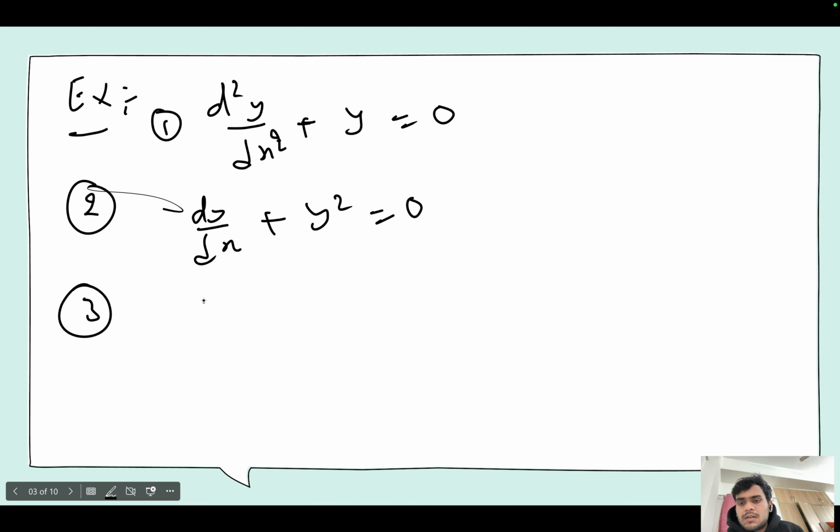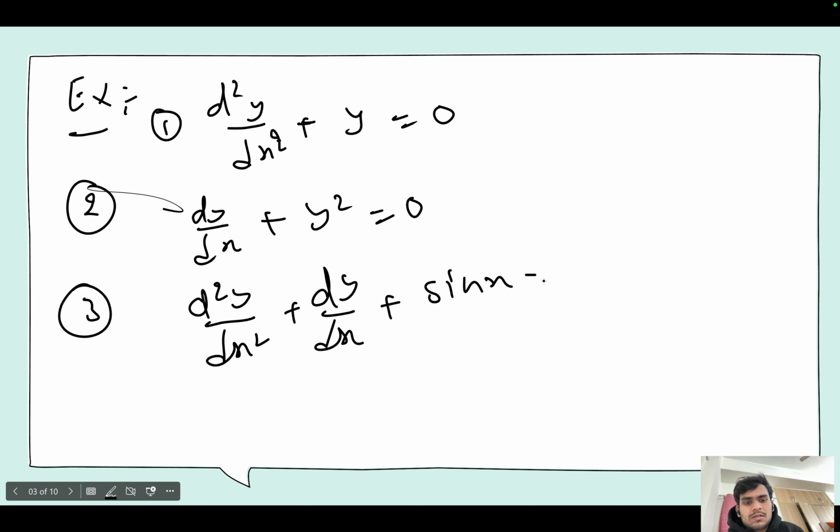And d2y by dx2 plus dy by dx plus sin x is equal to 0. So these are differential equations. You can see here this term is contained, or this term is contained. So these are differential equations.